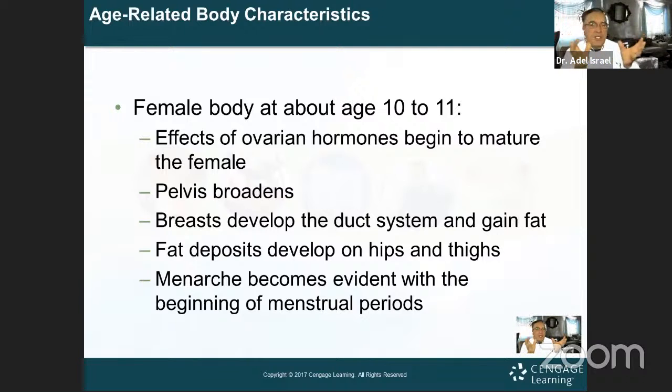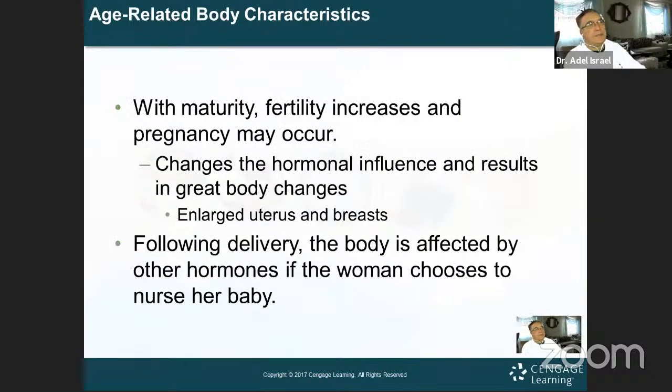We have special areas for fat deposition in the female, not like in the male. And menarche, which is the first menstruation, becomes evident with the beginning of the menstrual period. When maturity is reached, fertility increases, and pregnancy may occur at any time.